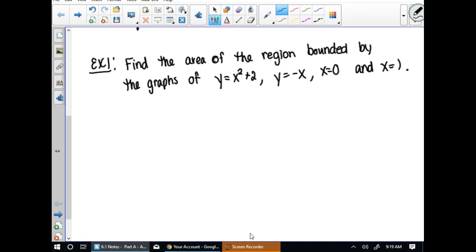I would like to graph this just so we can see what is happening here, but I'll show you after that what we could do so we wouldn't have to graph it. So in this case, if we do a sketch of what we've got here, we would have, well, let's see, 1, 2, 3.